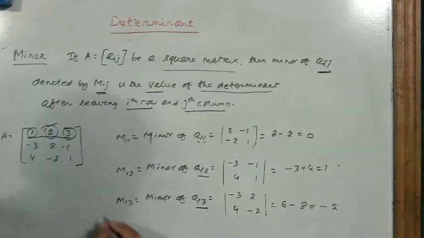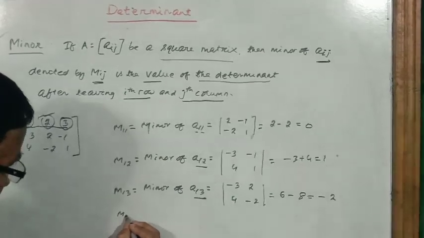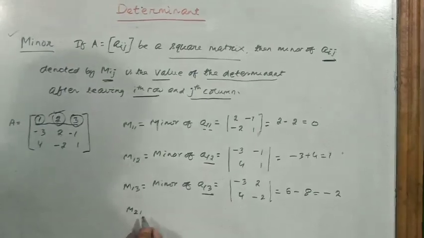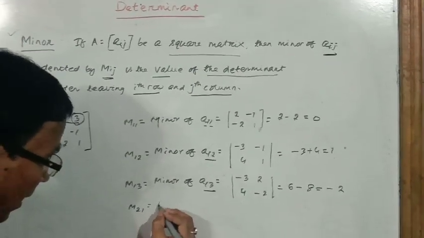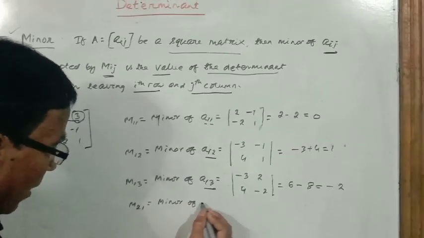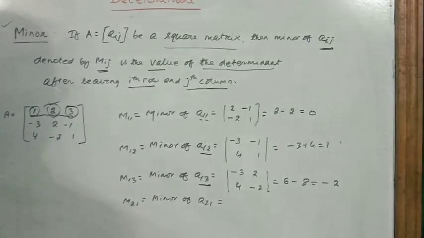Similarly, if we find the minor of the element 21, M21, that means it is the minor of A21.